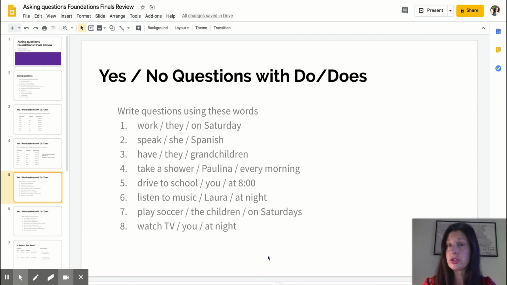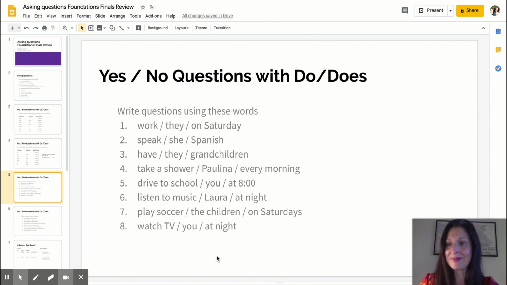Which should you choose? The subject is they, so you say do, then the subject, they, your main verb, work, on Saturday. Do they work on Saturday? That's your question. So press pause and write your 8 questions. I will show you the answers.